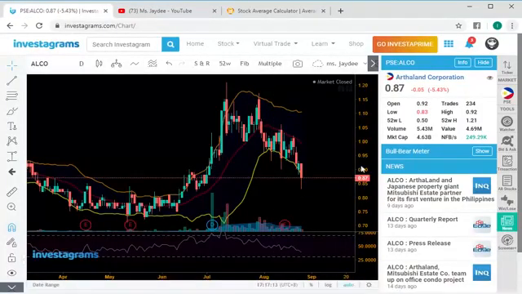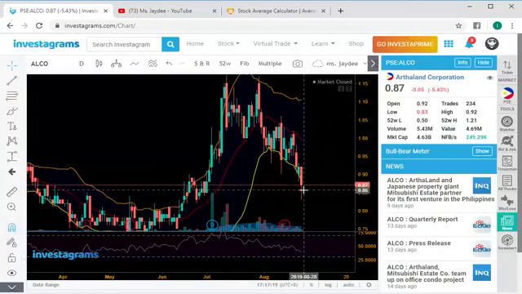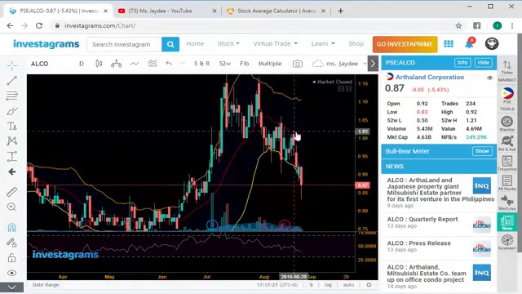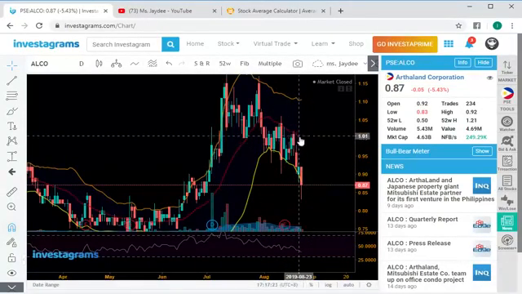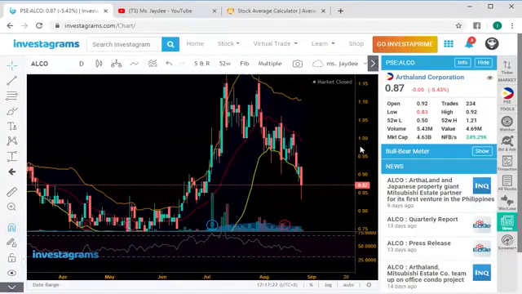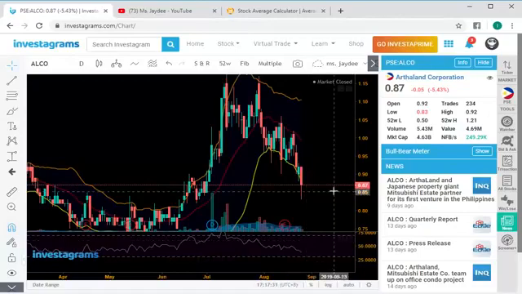Now, for Alco, it has just triggered the lower Bollinger Band. And with this, look at this, your Bollinger Band moving average line is also pointing downwards. No signs of reversal yet.